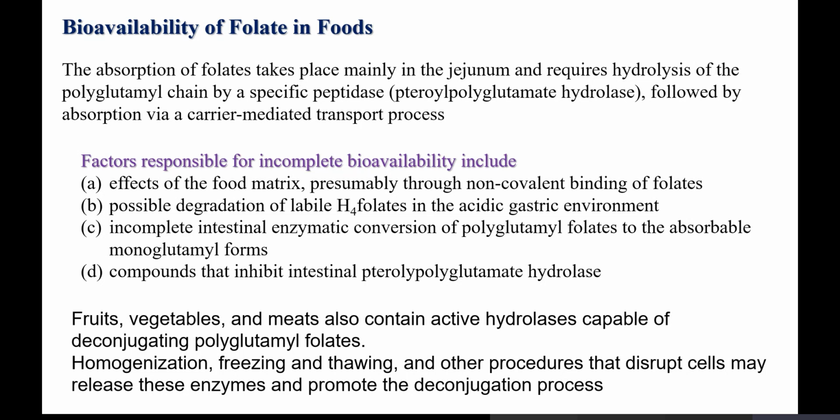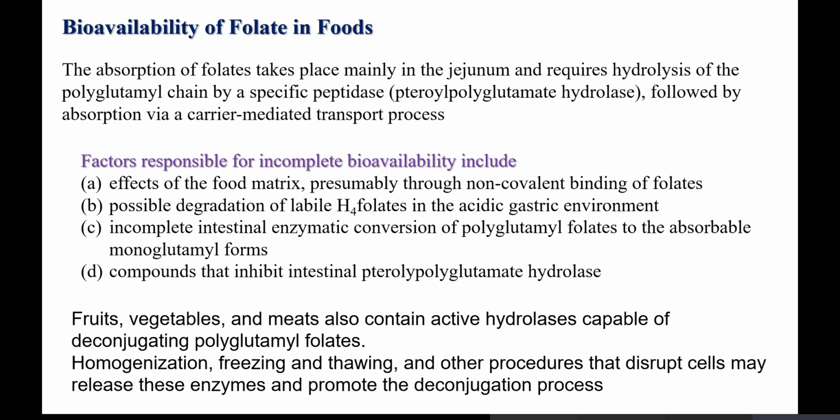So if the enzyme itself is not functioning, or compounds inhibit the pteroyl polyglutamate hydrolase, or the enzyme gets inactivated maybe because of a drug or some other compounds, or there is malabsorption. Fruits, vegetables, and meats contain active hydrolases.